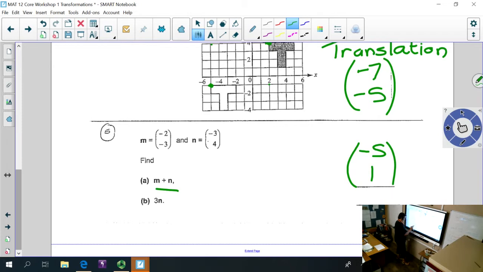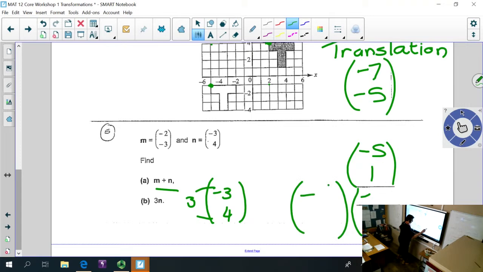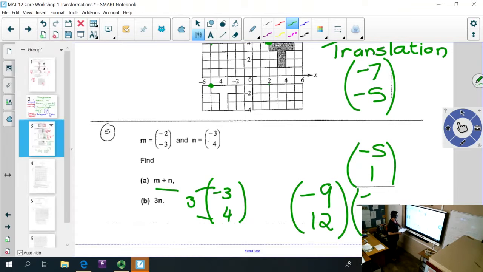The second one, 3n, so it means I'm going to multiply each one there in the bracket. Remember, never ever put a line there like a fraction. It's not a fraction. So let's rewrite it here, -9, 12. That is then the column vector for that one.